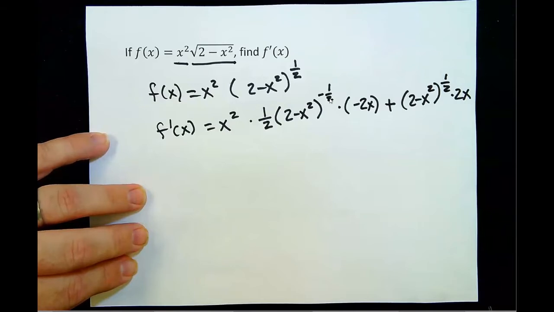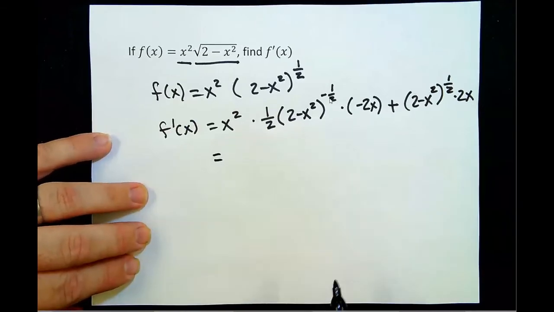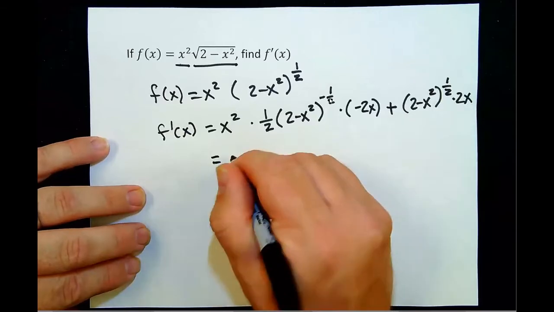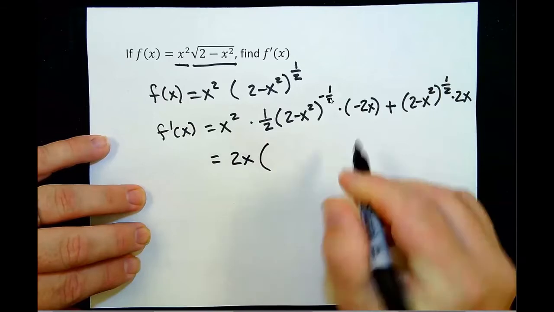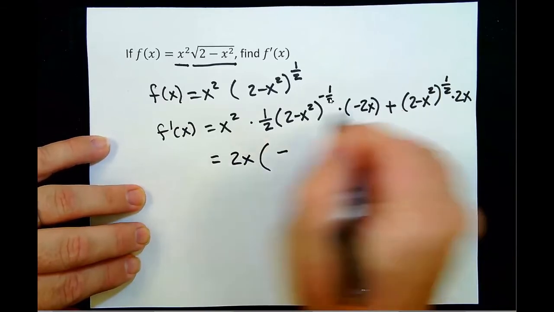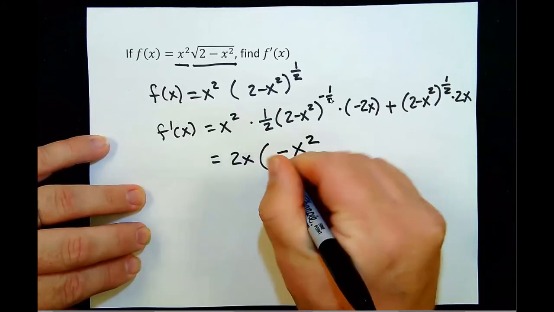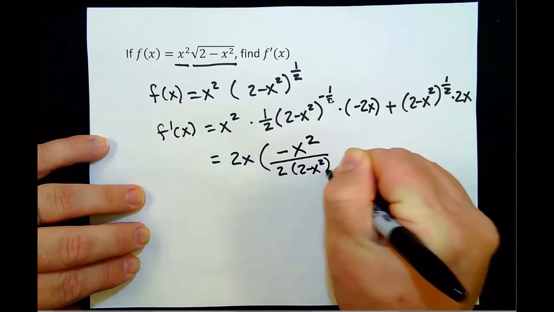Oh, there's some nice cleanup that can be done here. This isn't going to get real clean, I don't think, but if I wanted to, I could factor out a 2x since they both have a 2x in common. That leaves me with a negative right there, an x squared, a 2, a 2 minus x squared to the 1/2.